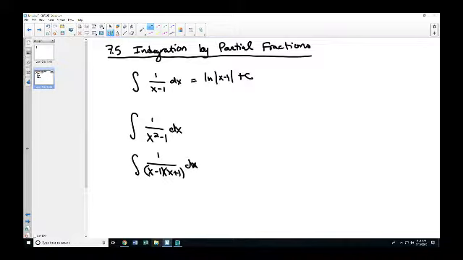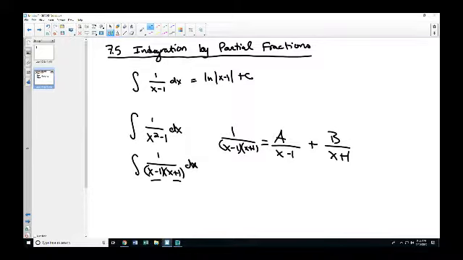And you know that we can do each of these separately, right? If they're separated by addition. So what we want to do is separate these out. Because separately we can actually calculate that integral, correct?